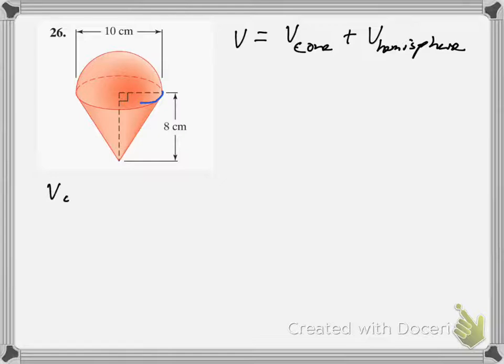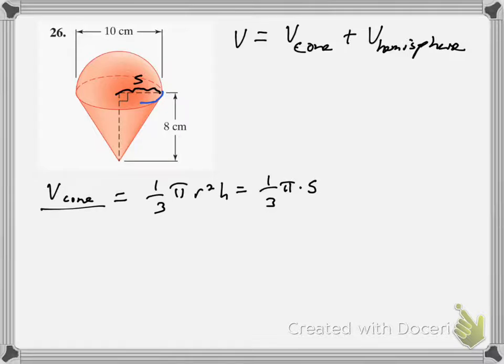The volume of the cone first. That's going to be 1/3 pi r squared h, which is 1/3 pi. The radius appears to be right here, and it's 5 because the whole distance is 10. The diameter is 10. So that'd be 5 squared.